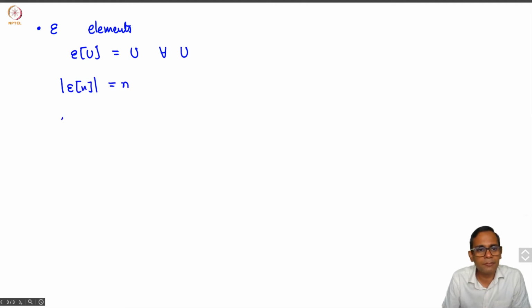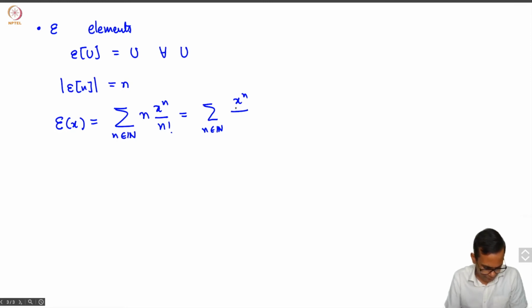And so the generating series epsilon(x) is going to be the summation over n in N of n x to the power n by n factorial, which is just the summation of x to the power n by (n minus 1) factorial. That's just, you'll recognize as x e to the power x.